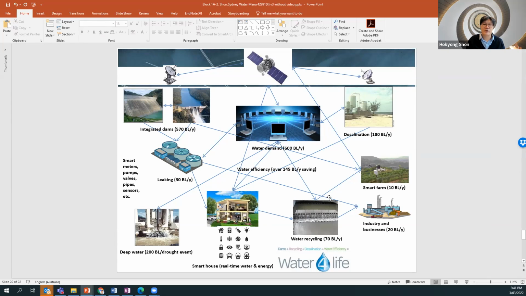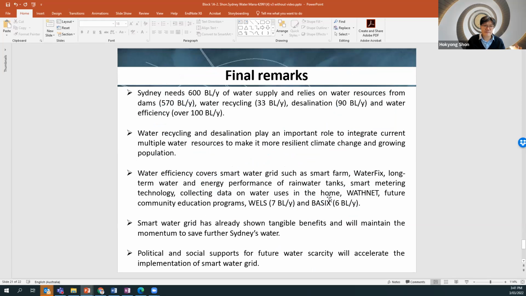So that's the future we are heading toward, where all the single pieces of information will provide the best response for our water resources. So final remarks.